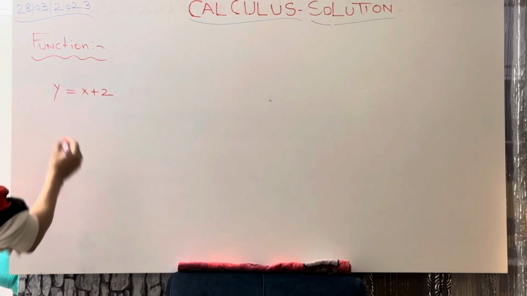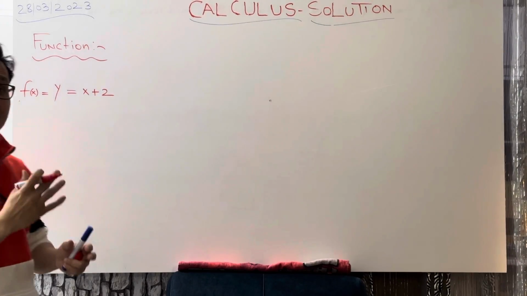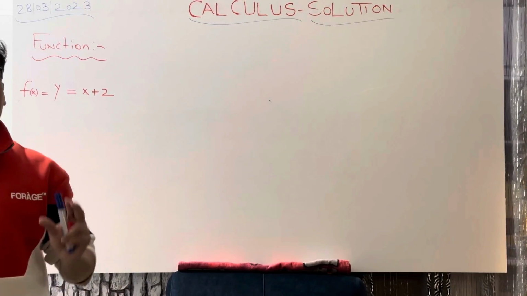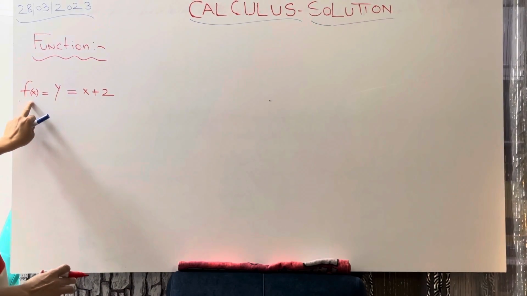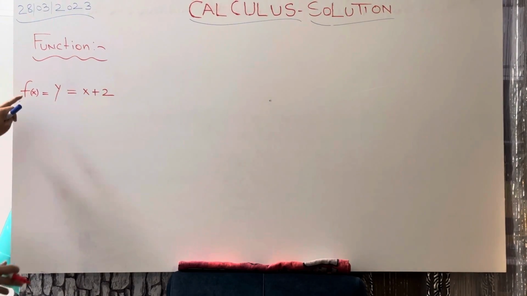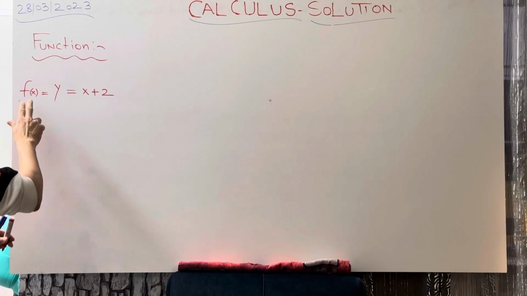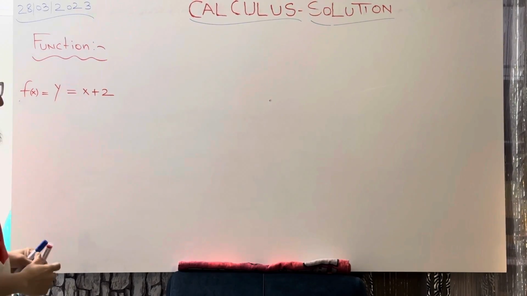This y is also known as f(x). If you want to write f(x) or y, both are the same thing. So don't be confused between y and f(x). You can write y as well as f(x). So I have written here f(x) = y = x + 2.